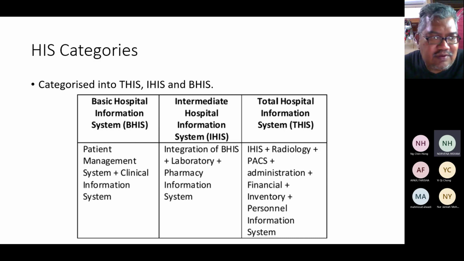As we had the lectures before, radiology is the most expensive investment because you need specialized equipment for all this. Okay, so they also cover administration, financial, inventory, and personnel information. Okay, that is THIS.